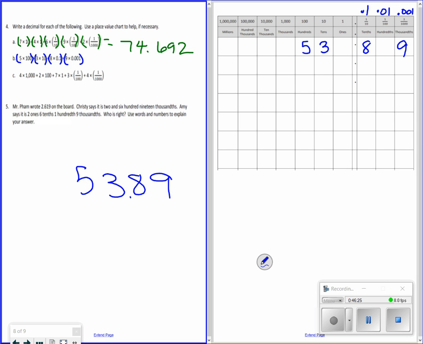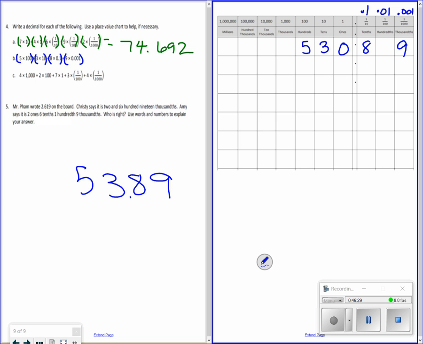Zero. Zeros. There's supposed to be a 0 here, and there's supposed to be a 0 here, because there's no copies of the ones and no copies of the hundreds. They didn't put them in there. If they don't have it, they don't put it in expanded form.